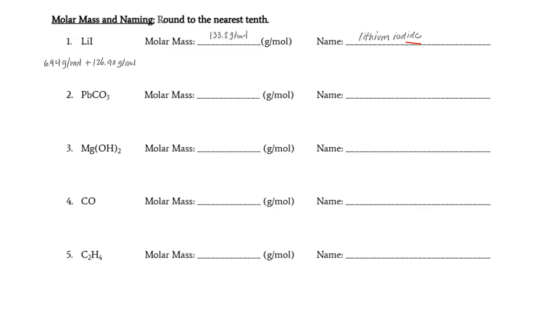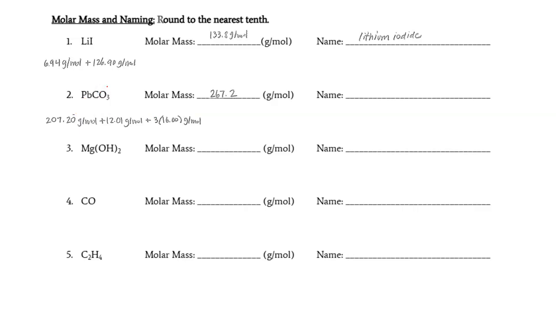All right. Next one, we got lead carbonate. So in this case, we've got lead, we've got carbon, and we've got 3 oxygens. So we're going to show that like this: 1 lead, 1 carbon, and then we have the 3 times 16 to show those 3 oxygens.